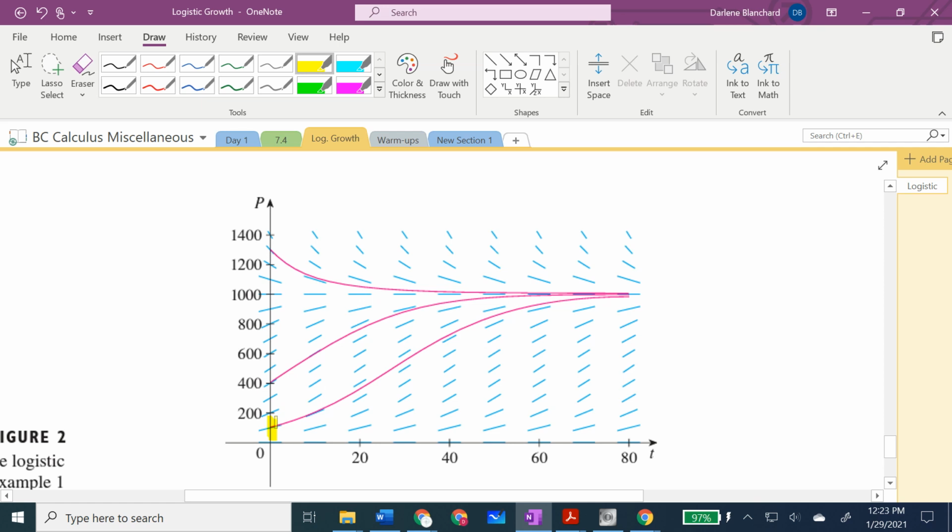So you are heading up and you are concave up. You can see there's a point of inflection right around there. While you are still increasing the quantity of your population, you are doing so at a decreasing rate. And as long as you have enough initial population, all roads lead to carrying capacity.